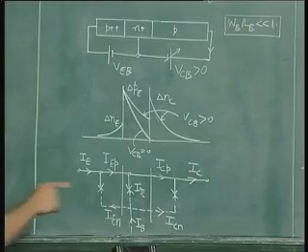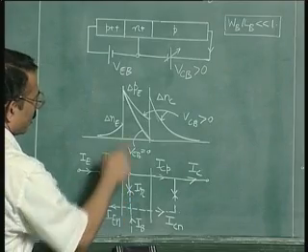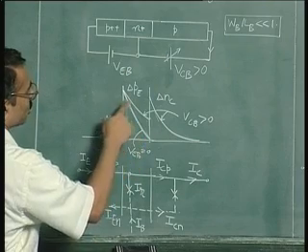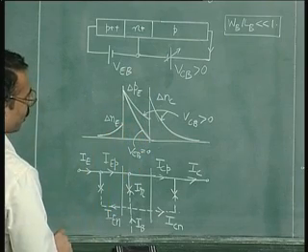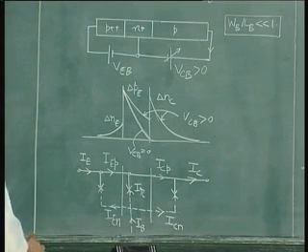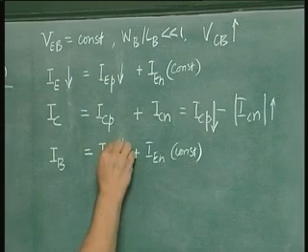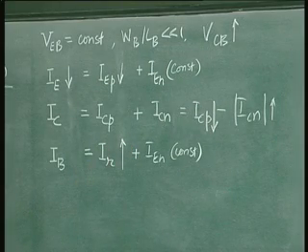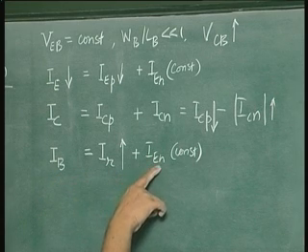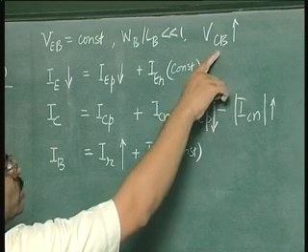And what happens to IB? You can see from here that the area under this curve is going on increasing. Area under the excess distribution in the base is going on increasing. So IR is going to increase. So IR increases, and base current now is not simply IR plus IEN, which was the situation for collector base voltage equal to 0.